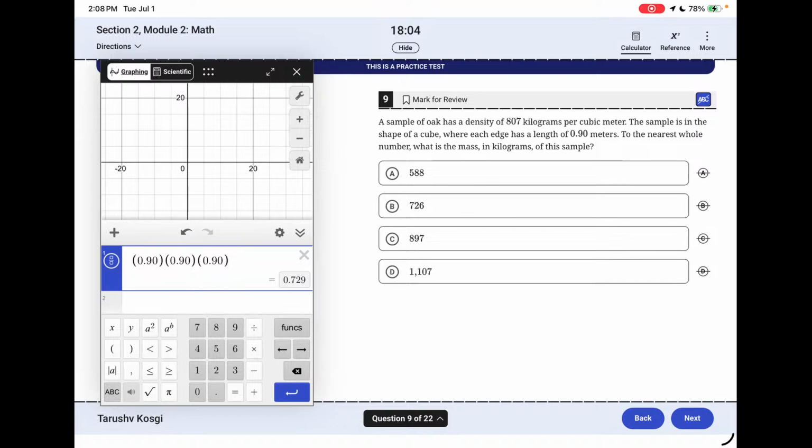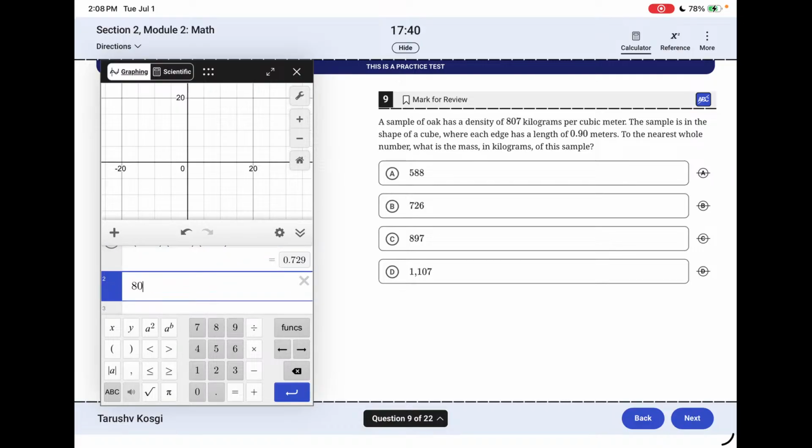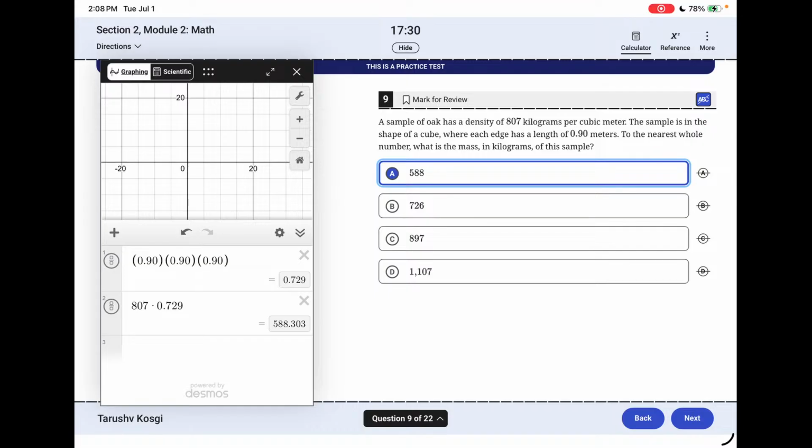To the nearest whole number, what is the mass in kilograms of this sample? I mean, I guess we can just do 807 times 0.729, and we get 588.303.